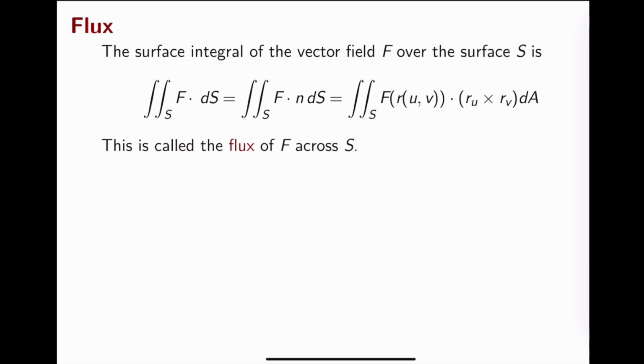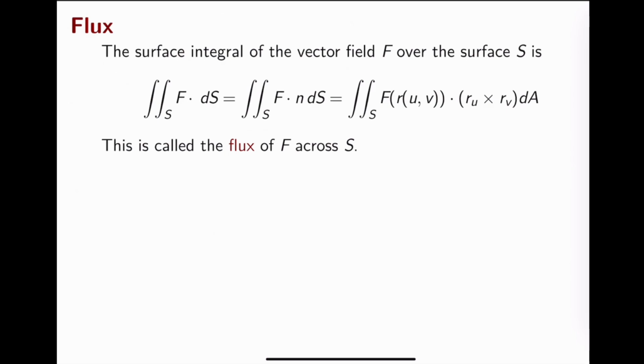The surface should be oriented, and then this can be calculated as the vector field evaluated at the parametrization of the surface, and then the dot product by the normal vector that we explained how to calculate before. This integral is very important in physics and is called the flux of the vector field across the oriented surface S.